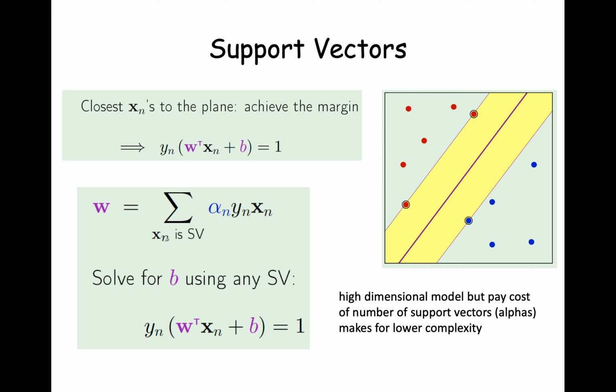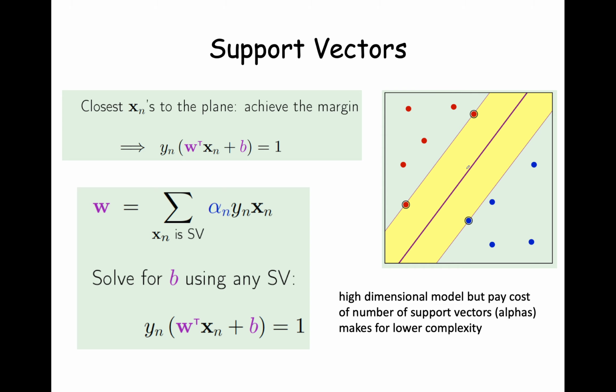The good news is you have a relatively small number of support vectors, even if W has a very high dimension. So you have a high dimensional model, but the cost is in the number of alphas that are greater than 0, and this makes for much lower complexity when solving for the model.